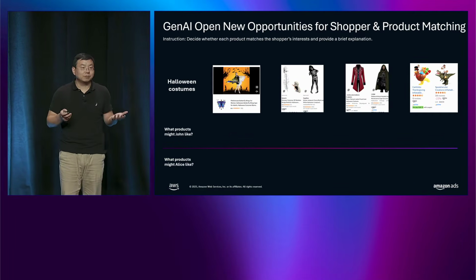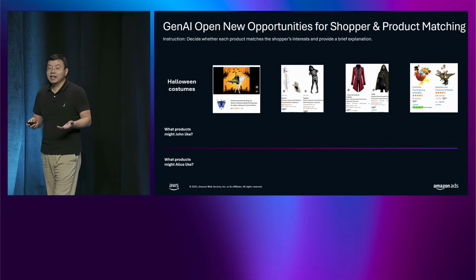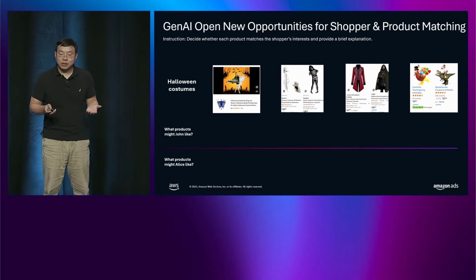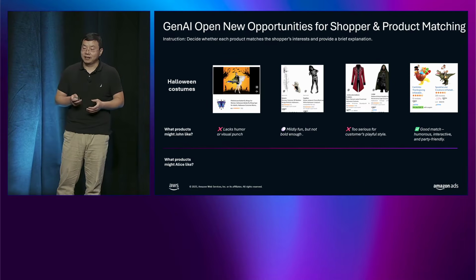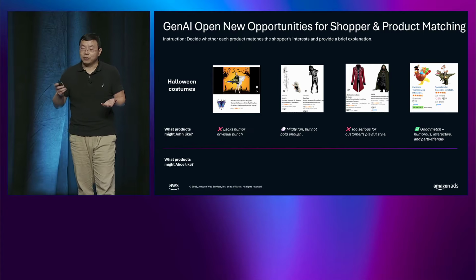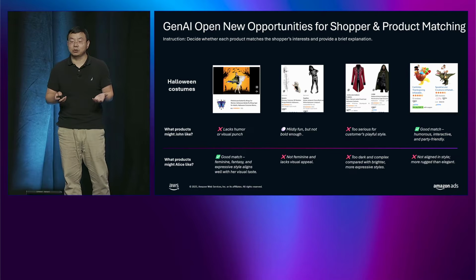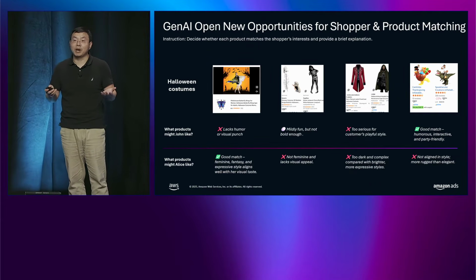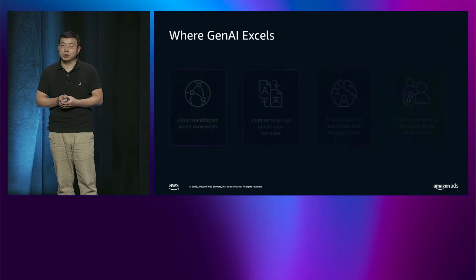Now with both product understanding and shopper understanding in place, Gen AI can also further help reason about the matching. We know the taste John and Alice are looking for already, and Gen AI can help identify the fourth group as a potential match for John and the first group as a potential match for Alice, with the rest of the products explaining why they are not as good a match, in human understandable language.